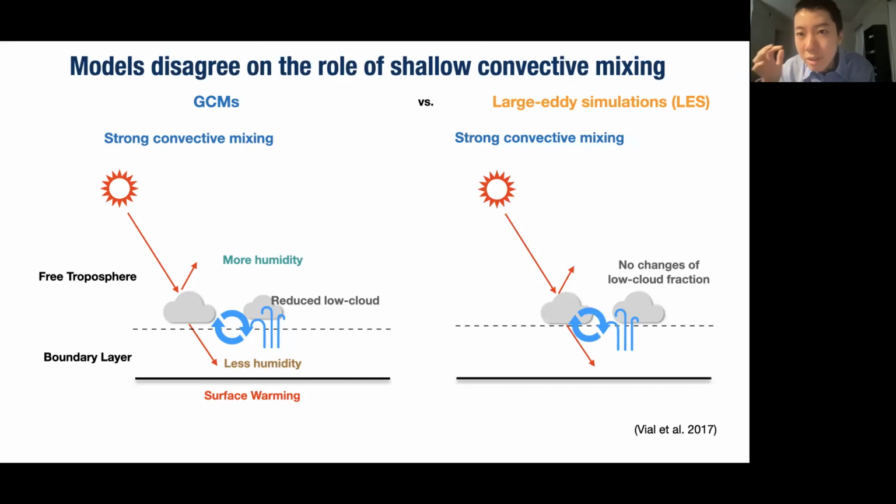In large eddy simulation results, people find that there are no obvious changes of low cloud fraction due to the shallow convective mixing. So here we can see that GCMs simulate reduced low cloud, but LES models show no change of low cloud fraction.